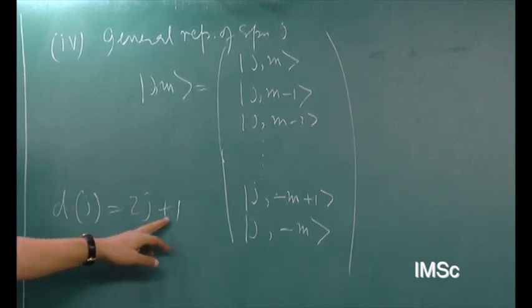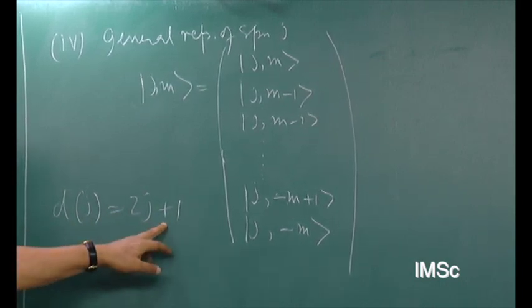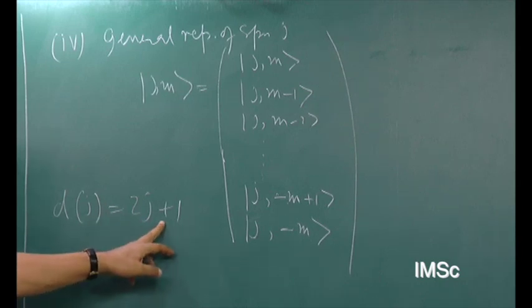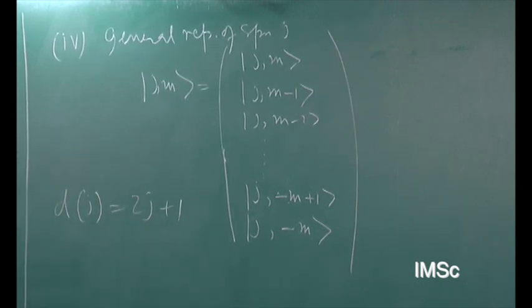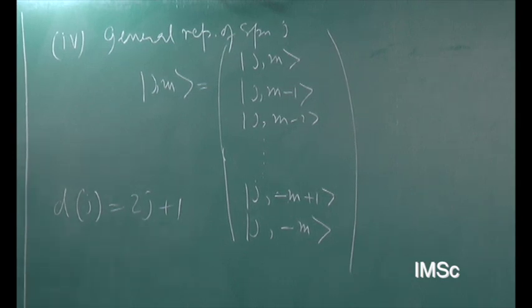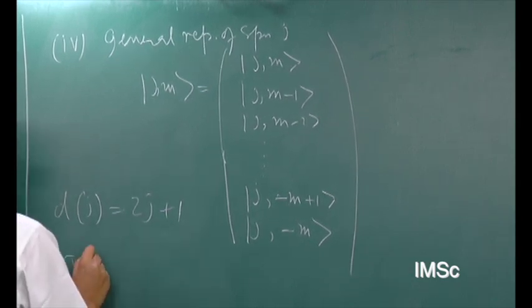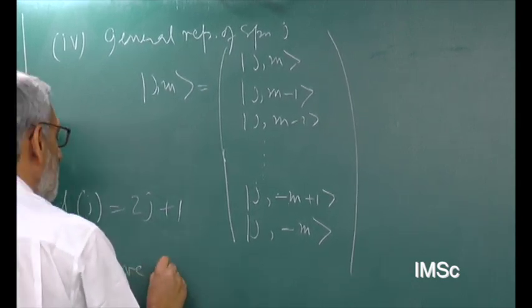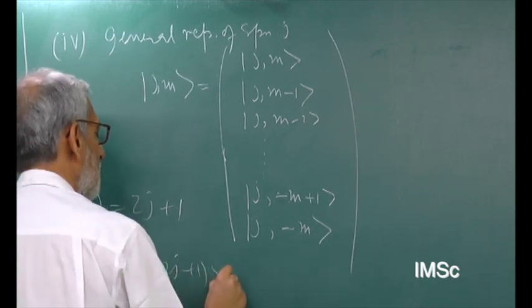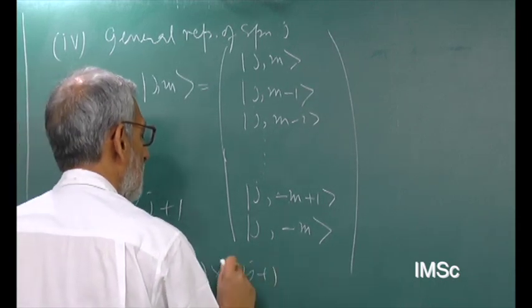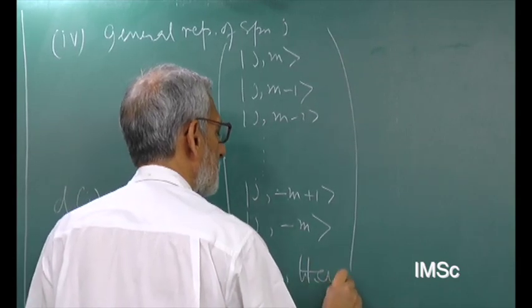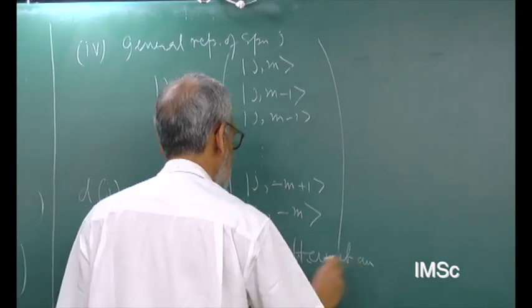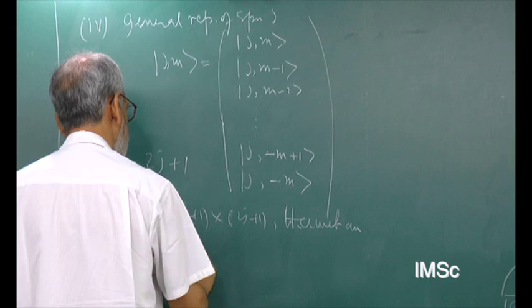For spin 0, it's one dimensional, spin half, it's two dimensional, for spin 1, it's three dimensional, and so on and so forth. And for a general representation, JLs are 2j plus 1 cross 2j plus 1 Hermitian matrices.